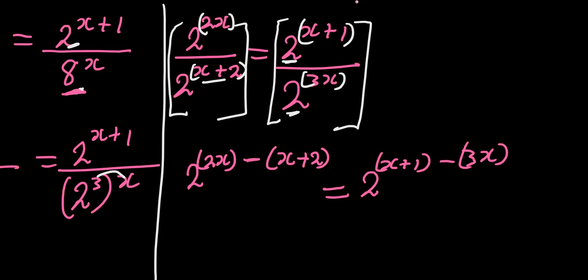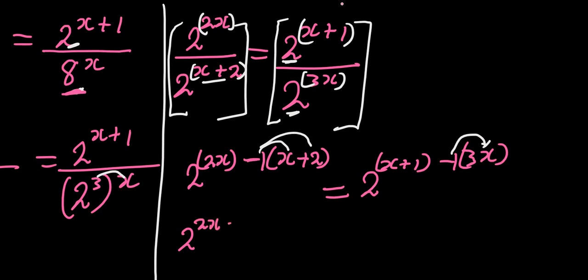So I prefer you write this as -1 and also this as -1. Okay, so next is to distribute this -1 into this and also into this and also -1 times 3x.